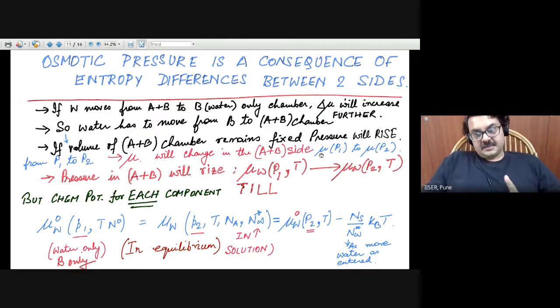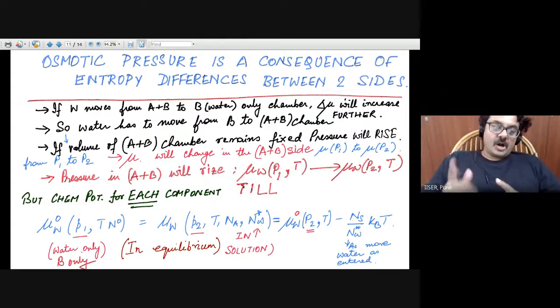So it will change from chemical potential at P1 to chemical potential at P2, which will be at some different value. The pressure in the A plus B chamber will rise. As I have said, the chemical potential of water will go from the chemical potential at P1 to the chemical potential at P2, which will have a different value.